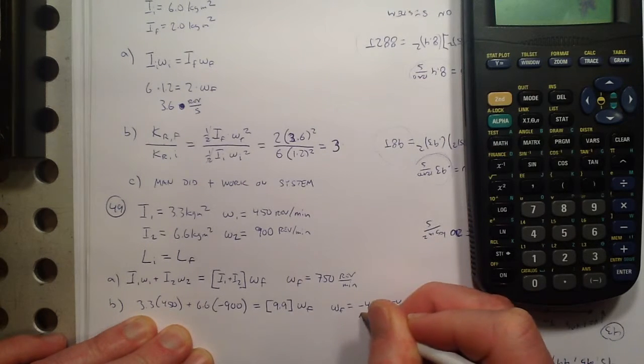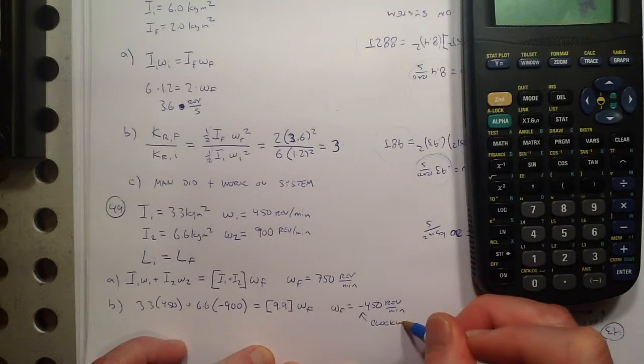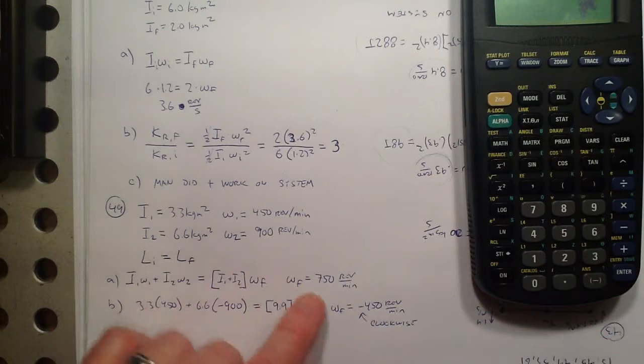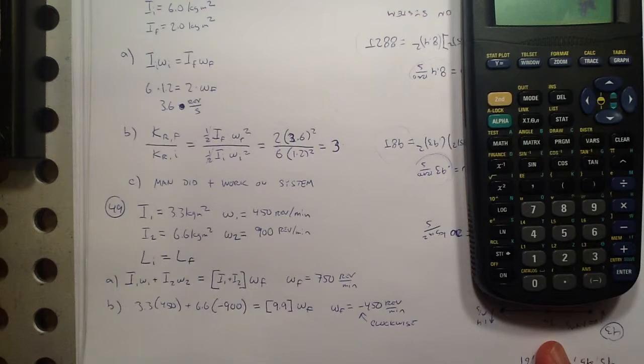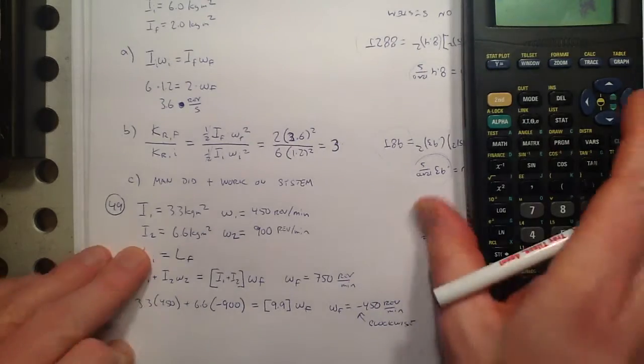And that negative sign means that it's going clockwise, because we took positive to be the counterclockwise direction. And that's it for that one. Let me just check the answers real quick and make sure we're good. Yep. Looks good.